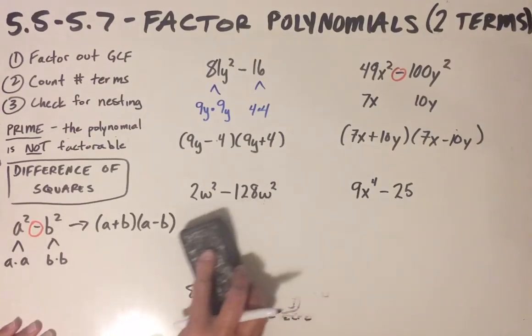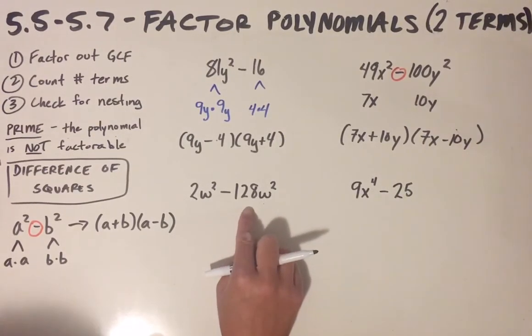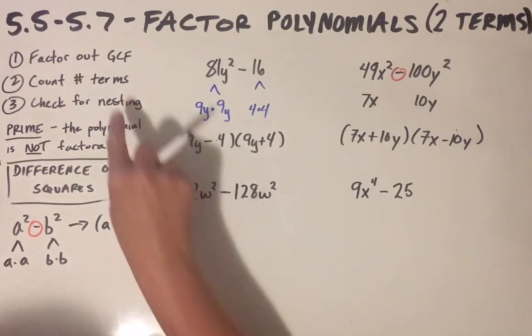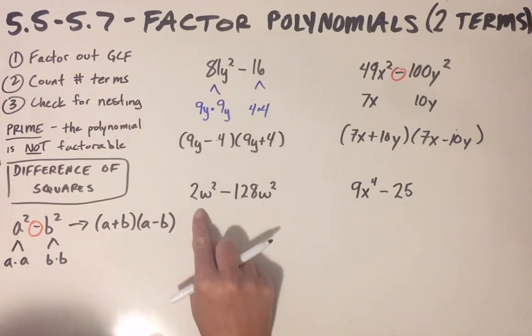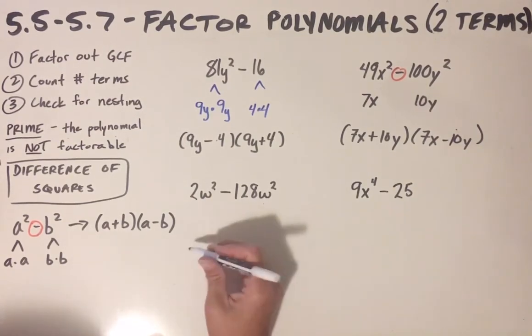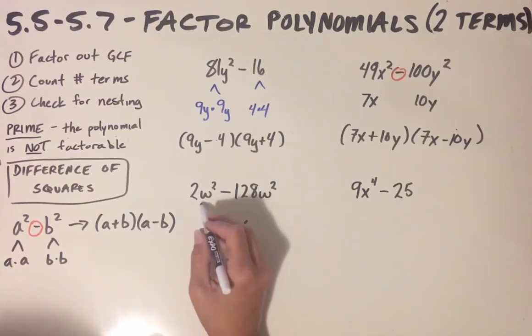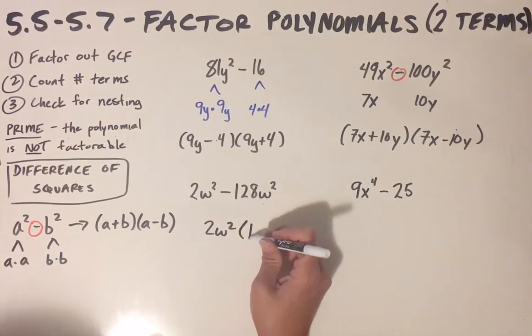So looking down here at this next one, I'm going to have a 2w squared and a 128. Well, first thing I'm going to do always is factor out a GCF. They have a 2 in common and they have a w squared in common. So I'm going to factor out this 2w squared. And when I do, 2w squared divided by 2w squared is just a 1.